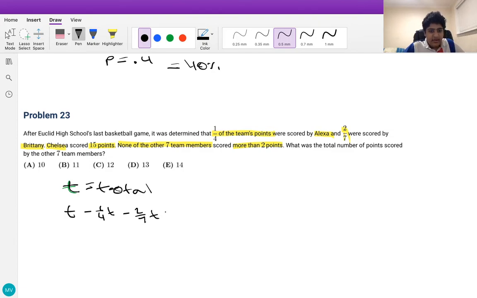And we know that this is also less than or equal to 14 because none of them scored more than 2 points.